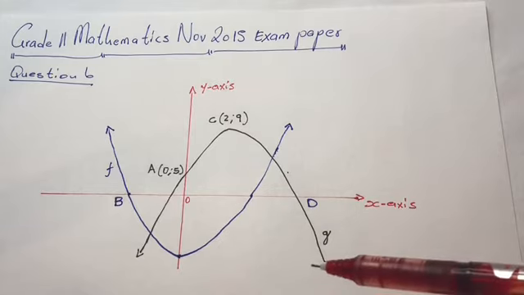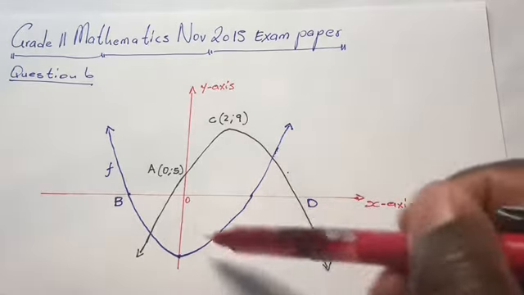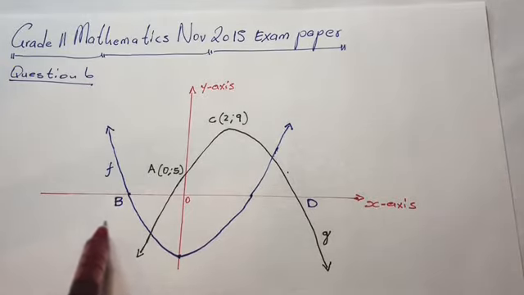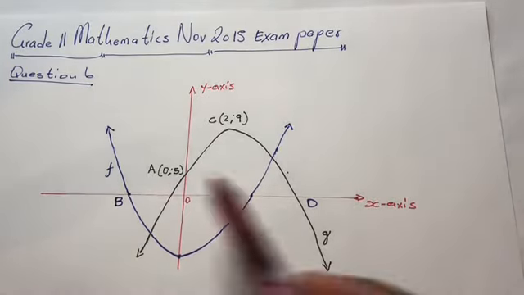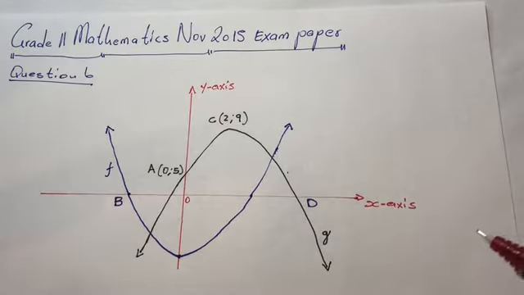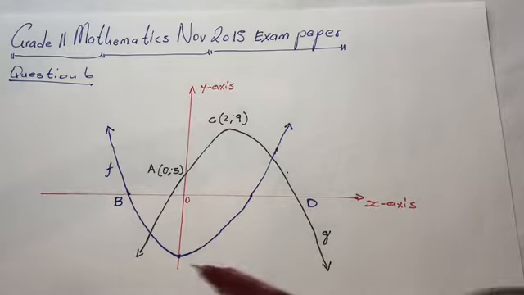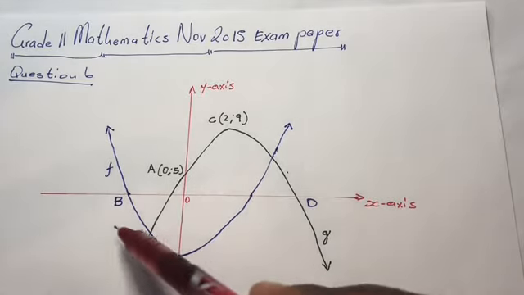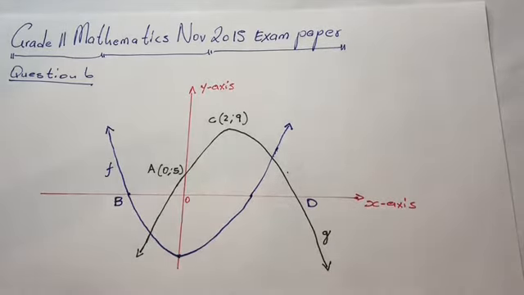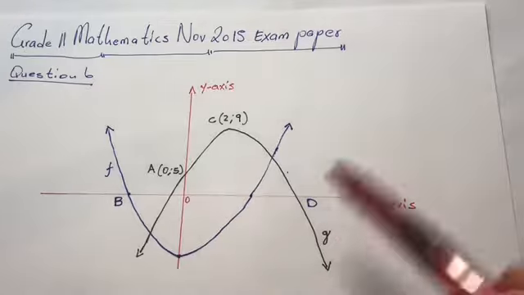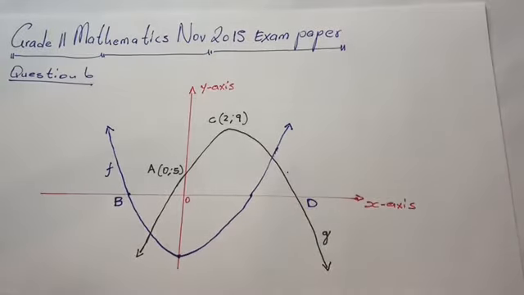Be able to distinguish your axes from the functions, because you might have a straight line parallel to the x-axis. If you're not careful about identifying your x-axis, you might confuse your straight line with one of the axes. It could be a straight line in that direction, or a straight line vertically upwards, parallel to the y-axis.